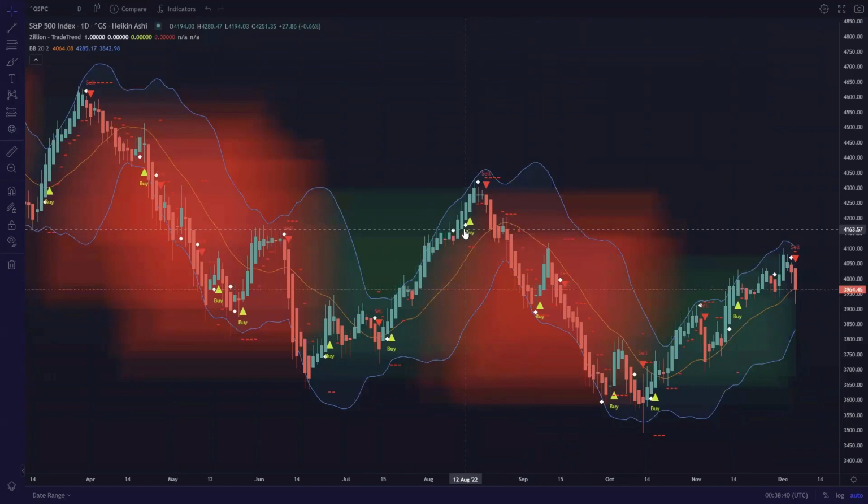Now, what you'll notice here is, actually, this is not a good example. I'll show you on some other charts. But if you're looking at a live Heikin Ashi chart while the market's open, the current price level showing on the chart is generally not going to match the actual real price of the asset.